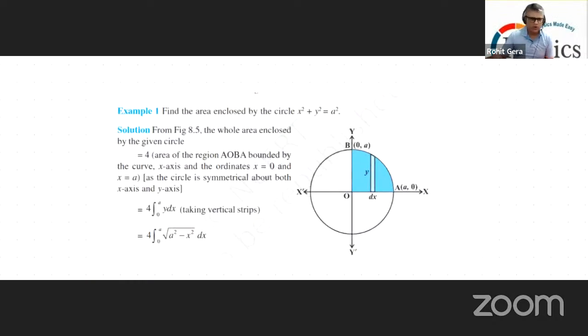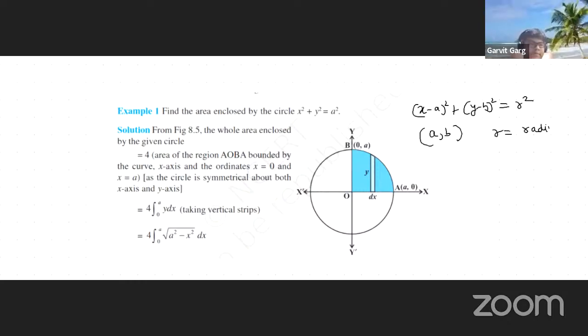If you know coordinate geometry, this is the equation of a circle with center as 0. Generally the circle is written as x minus a whole square plus y minus b whole square is equal to r square, where a and b are the coordinates of the center and r is the radius.